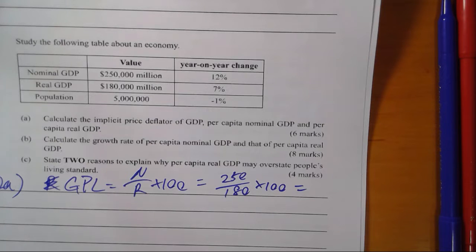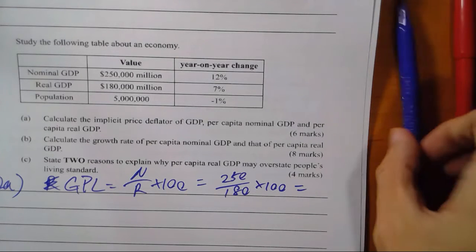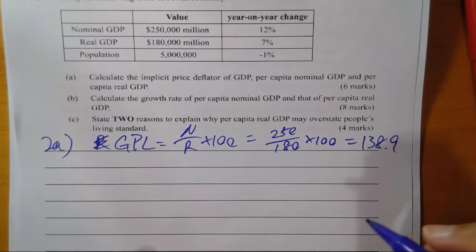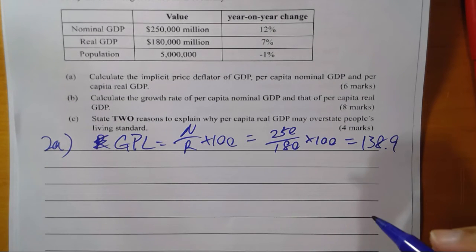It should then be this amount, 138.9, something like that. All right.